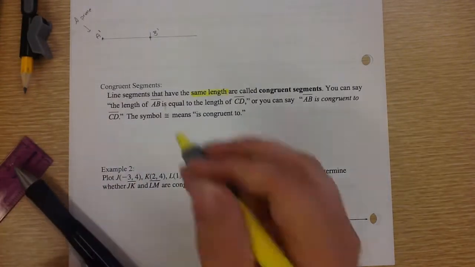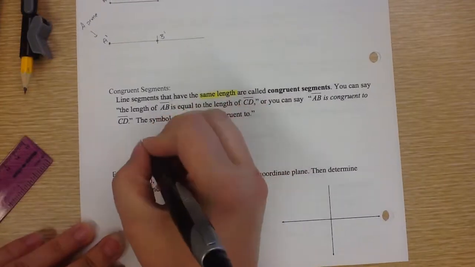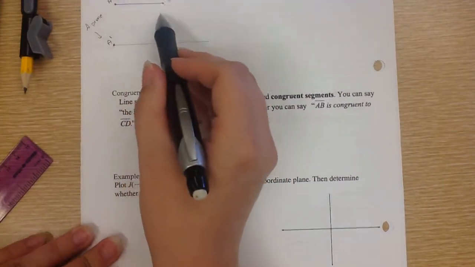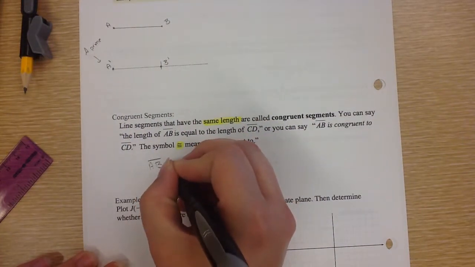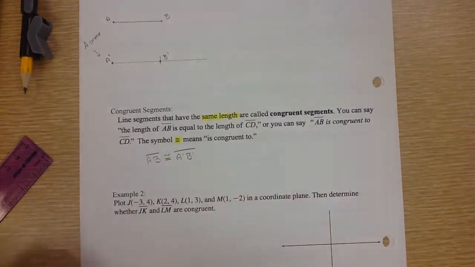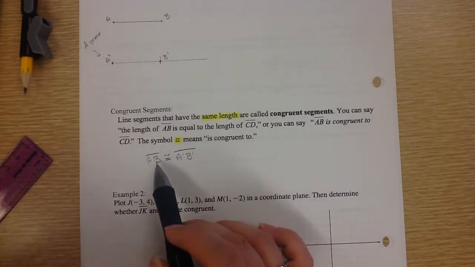This right here is the congruent symbol. So I would write AB, the segment AB that we drew up here, is congruent to, so an equal sign with the curvy sign up top, A prime B prime, and then again, a segment above it. Okay, so when I'm talking about objects, again, a segment is an object.